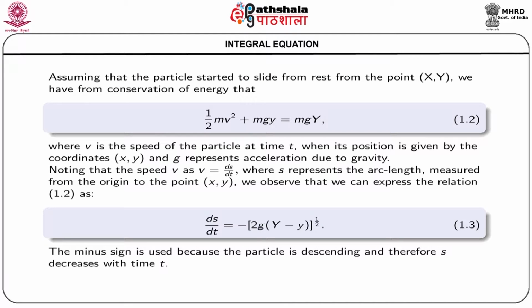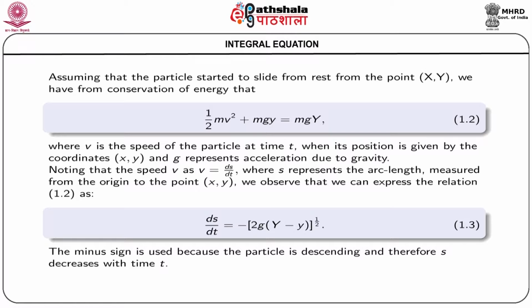Assuming that the particle started to slide from rest from the point capital X, capital Y, we have from conservation of energy that half m v square plus m g y equal to m g capital Y. That is, the total kinetic energy and potential energy is constant.